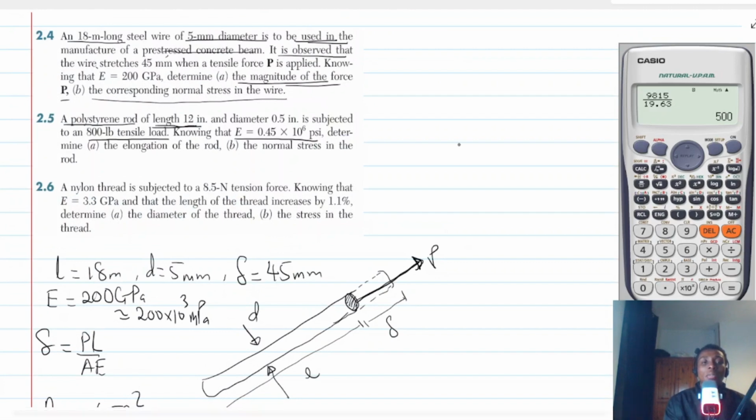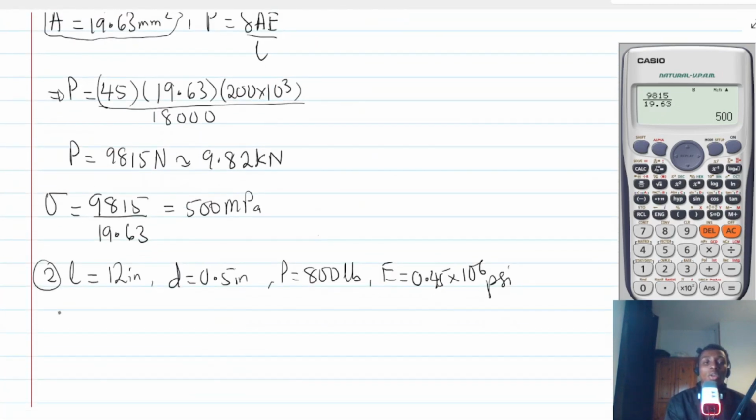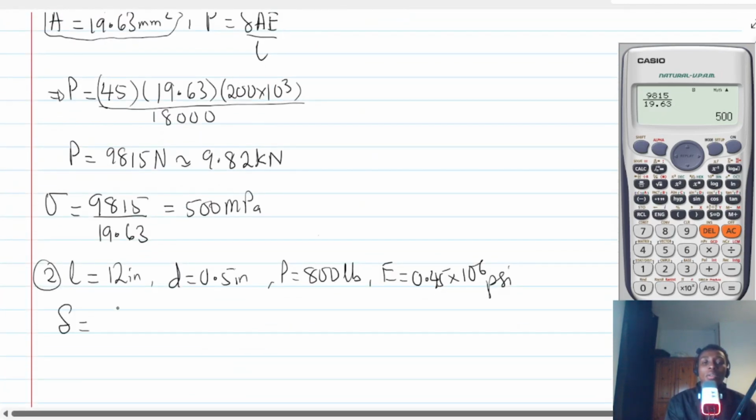We have been asked to determine the elongation of the rod and then the normal stress. Elongation is the delta, which is given by PL over AE.